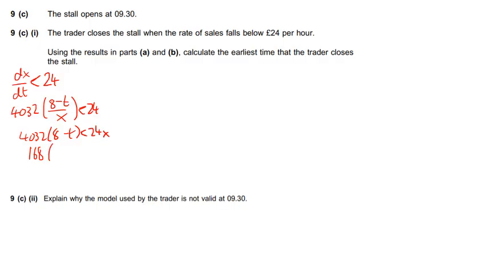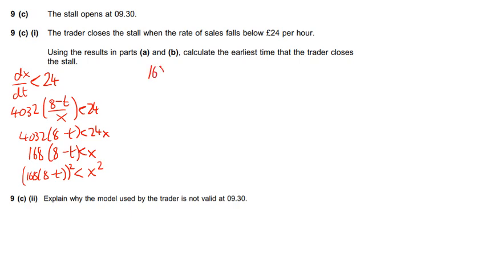So we end up with that inequality. Now, if we square both sides, we get this, and the reason for squaring both sides is that in part B we had an expression for x squared that we can substitute in.